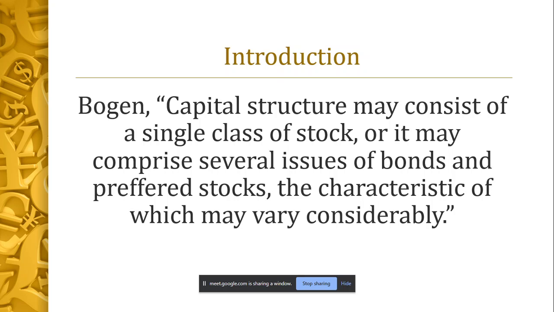Anything is possible. Or the second chance is that it can consist of several issues of bonds and also preferred stocks. And when it is a combination, definitely the characteristics of each would be different from one another. Now, all this you'll understand as we move forward with the chapter.